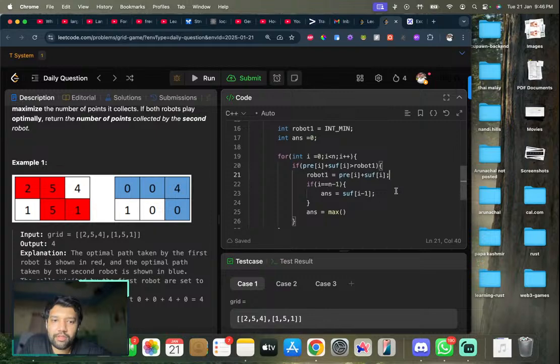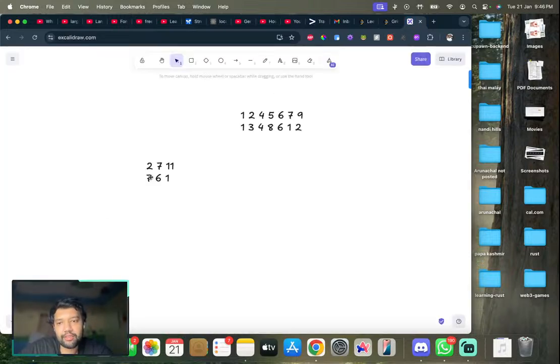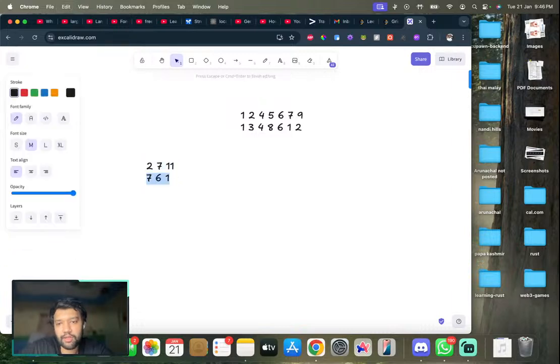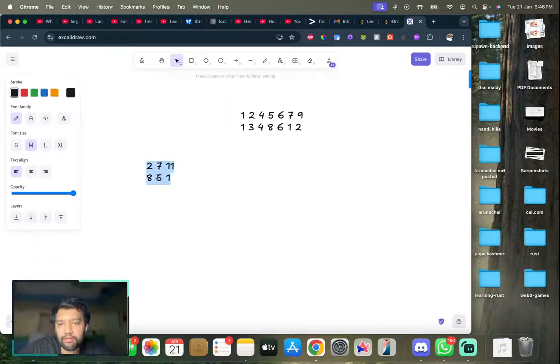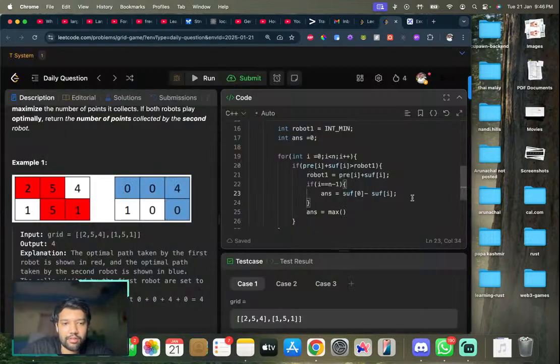Actually, 7 minus suf of 0. If it was 8, let's say 8, then 8 minus 1 would give me 7. 7 will be 5 plus 2. Yeah. So that's how I get that.